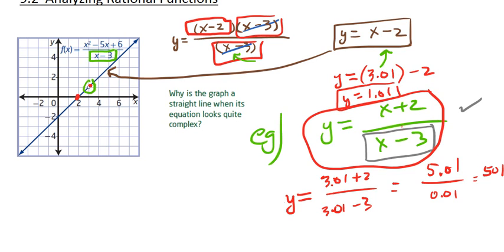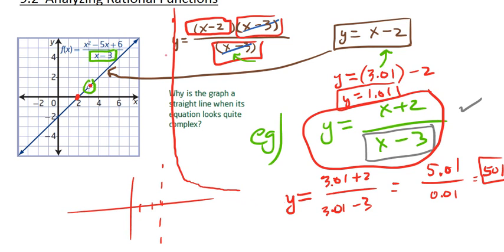Just beyond 3, this non-permissible value, the value of the function is huge. That corresponds to here's our vertical asymptote, and the y value is super large, way up here. That would make sense if the graph looks something like this, right? So that's how you can test what the graph looks like near one of those points.